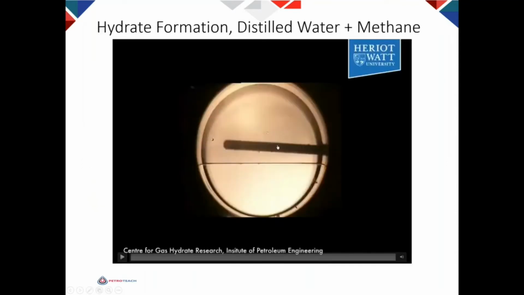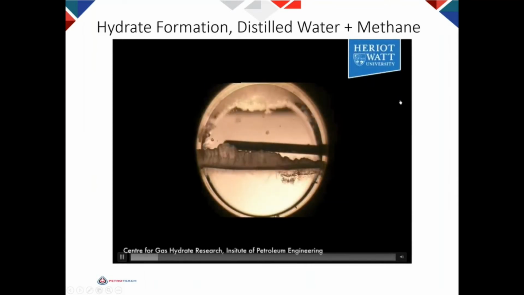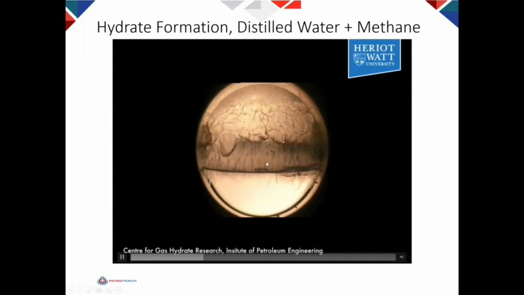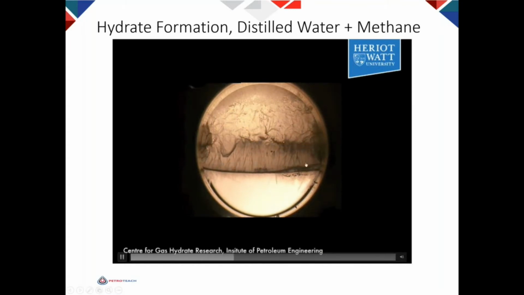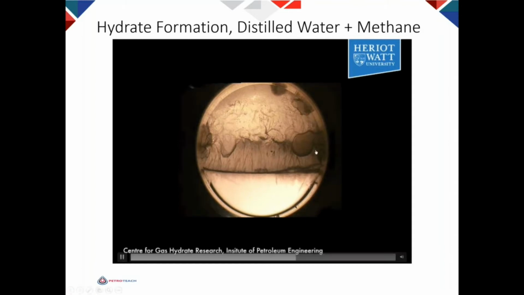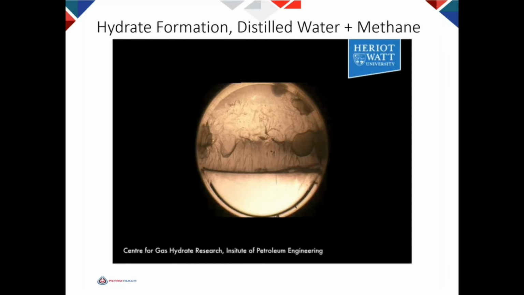Now, there's a video showing the hydrate formation. This is a high pressure cell, and you can see that most hydrates form at the interface. The reason they form at the interface is that the amount of gas in the hydrate structure is a lot more than the amount of gas in the aqueous phase.